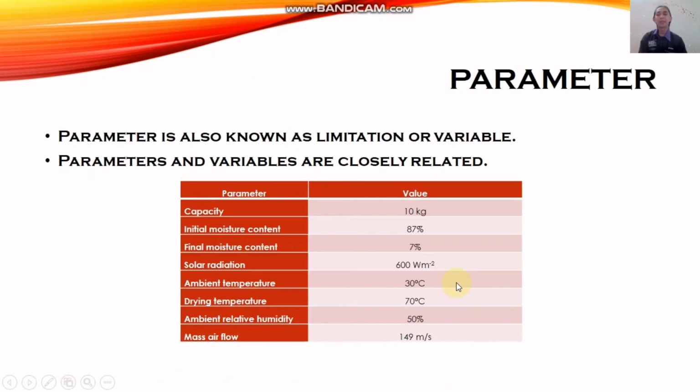The parameter is also known as limitation or variable for the project, and parameter and variable are closely related.